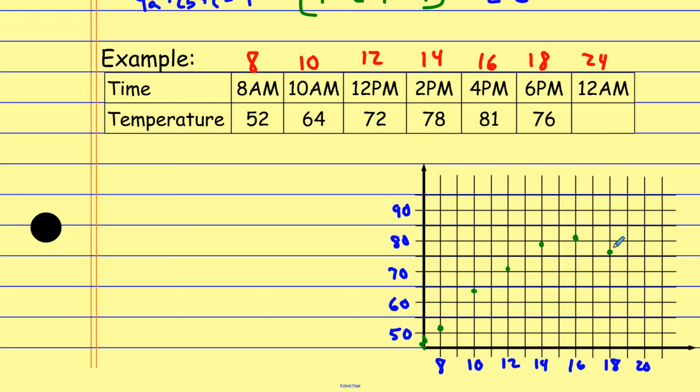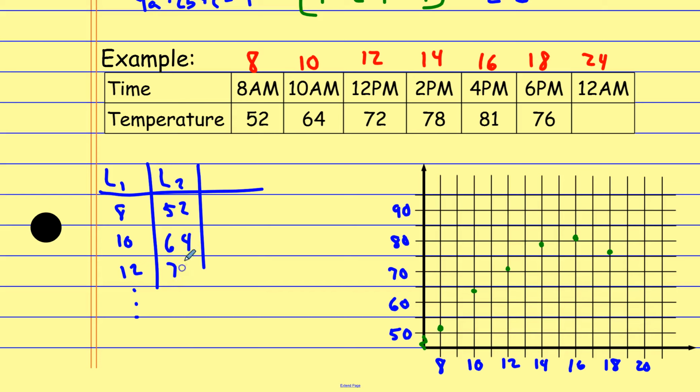And so when I do this, I approach it the same way. I go into the graphing calculator, and remember I type these into my lists: I put my x values in list 1 and my y values in list 2, where I do the 8, the 10, the 12. And just make sure you don't include the 24. Into list 2, I punch in the 52, the 64, the 72, and I keep going. And remember, I then go into the statistics menu.